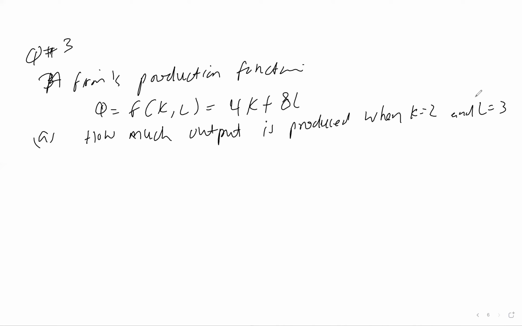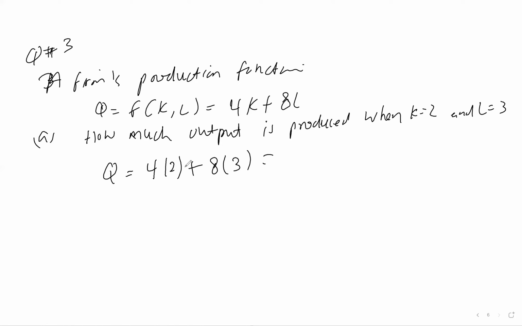Now to answer this question, we know that Q is equal to 4 times 2 plus 8 times 3, because that's the level of labor and that's the level of capital.